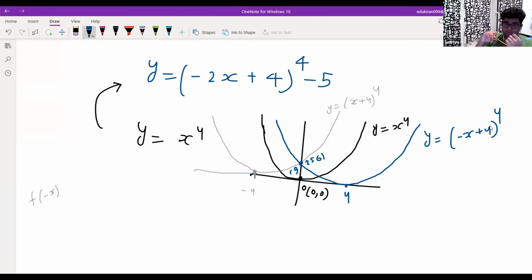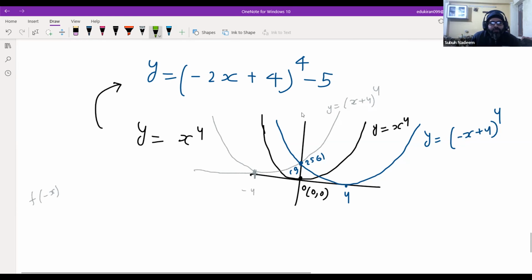Then now we have 2x. We will multiply 2 to it. What will happen if we multiply 2 to the input? It will get compressed by 2 units horizontally.